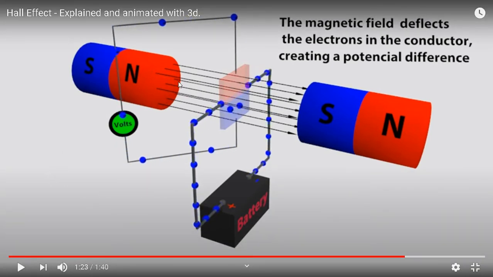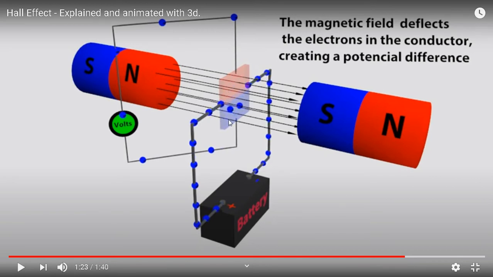Now you can see what is happening in this. You have a conductor here, and you are allowing the current to flow in this conductor. You can see electrons start flowing from the negative terminal of the battery via this wire, and it flows to the conductor.